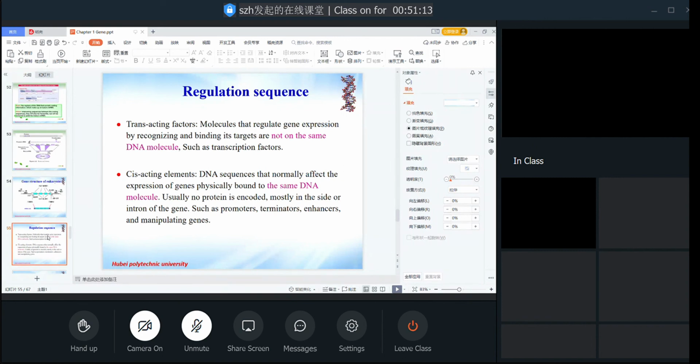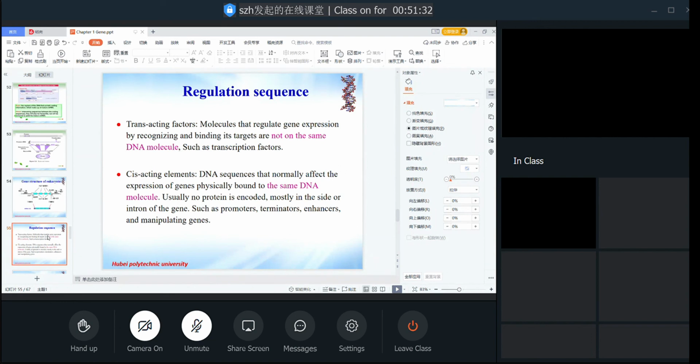This kind of protein is given the name trans-acting factor. You can say its binding target is on the same DNA molecule, such as the transcription factor.